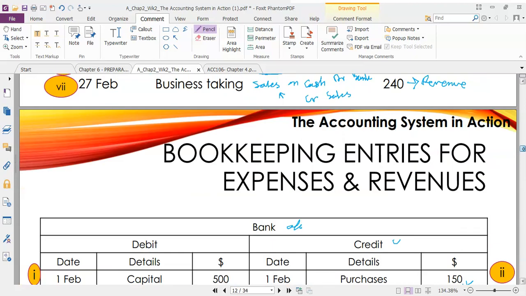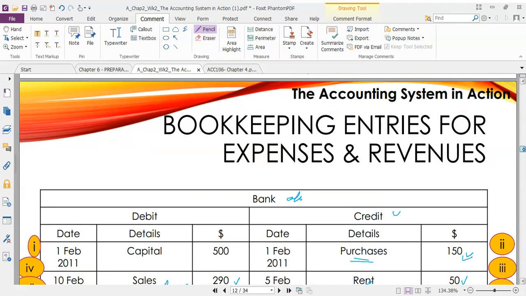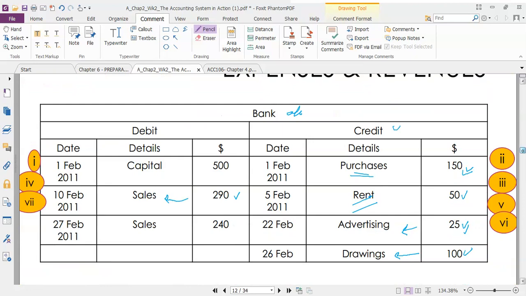So let's look at the bank account. Bank account debit 240. The money in the bank is increasing because we have sold the product. So in the bank account, we should put in the debit side 240.